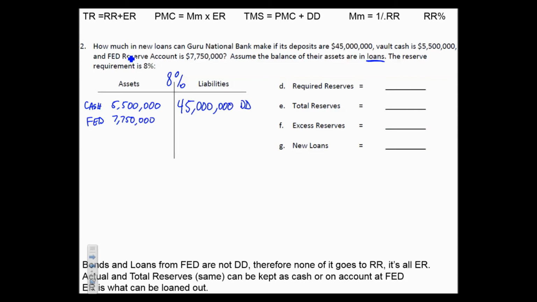All right. And then it says the balance of their assets are in loans, right? So what does that mean? That means both sides have to add up to 45 million, right? So I need somebody to tell us how much they have out in loans right now. Is it 36 million?